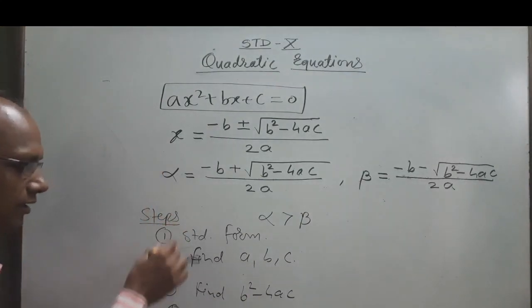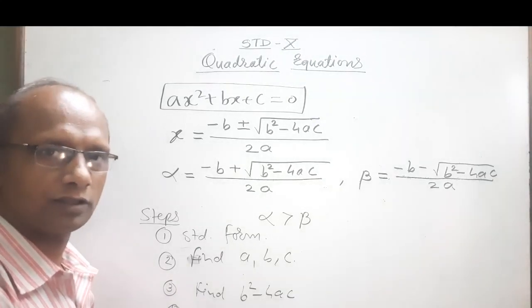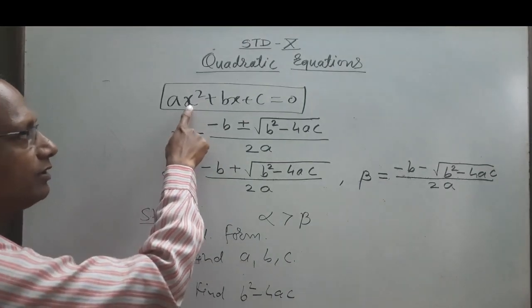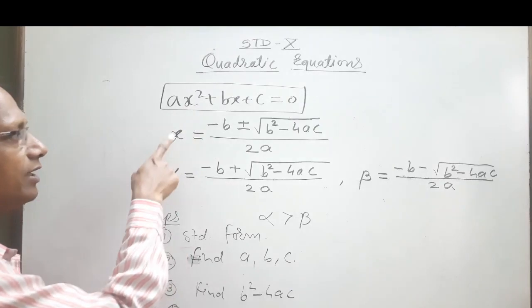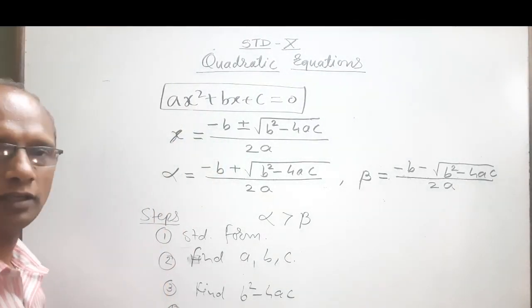So these are the four steps to solve the quadratic equation by using the formula. If the equation contains the variable m, n or any other, then we have to write that variable in the formula. So let us see an example.